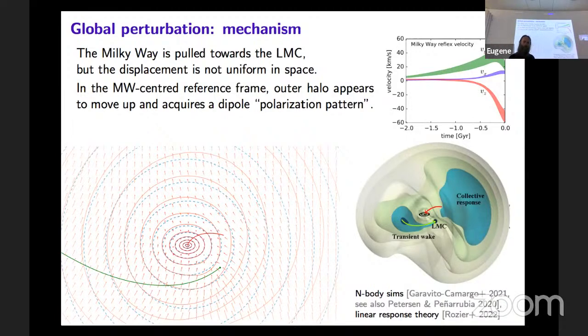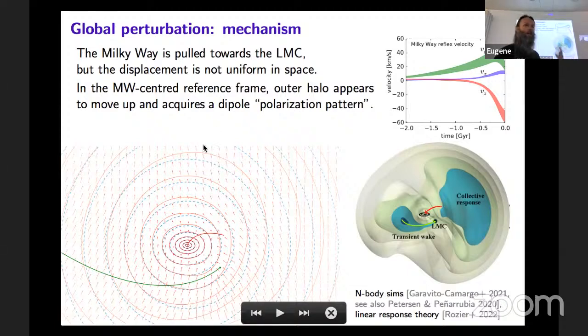The essence of this effect is, once again, that the Milky Way is not a rigid body, it's being distorted. The inner part of the Milky Way moves down, the outer part lags behind, and it appears to be moving up in the reference frame of the observers in the inner part of the Milky Way. So you see it in the velocity, and you also see it in the position, because the inner part shifted down, and the outer part stayed where it was.